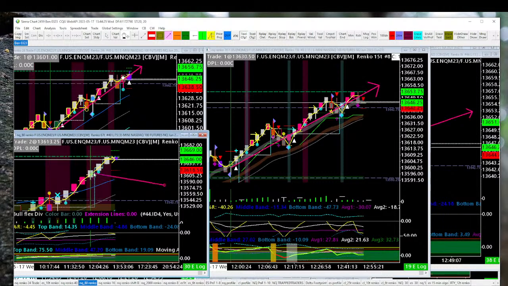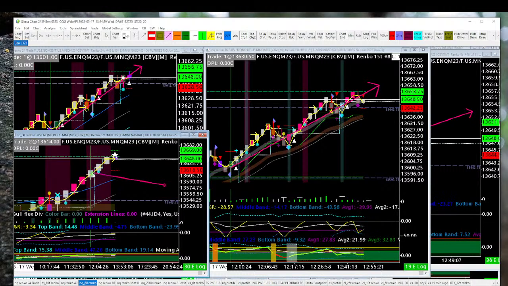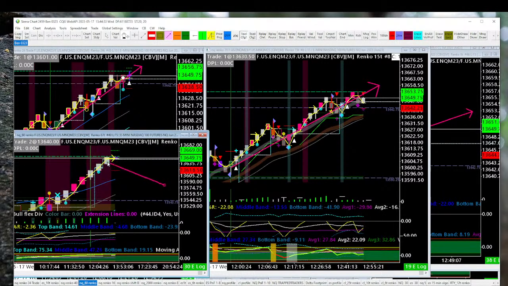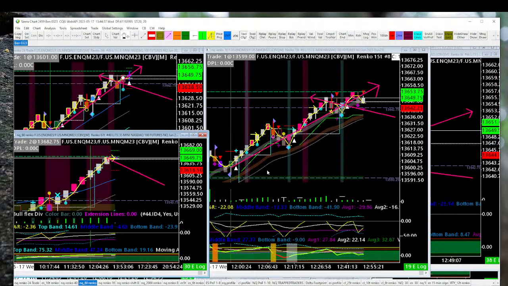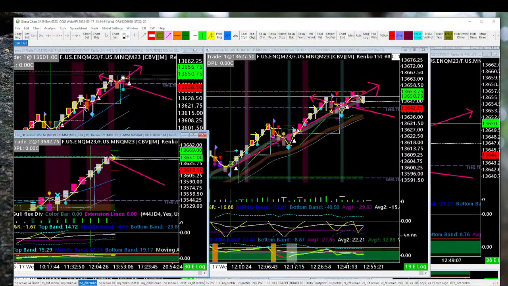So here we only had one, and it was really just a portion of this because it started during that time. But let's say 1, 2, 3 bars up. And on the 15 tick, we have 1, 2, 3, 4, 5, 6, 7 up. 1, 2, 3 down. 1, 2, 3, 4, 5, 6, 7, 8 up. 2 down. 1, 2, 3 up. 1 down.